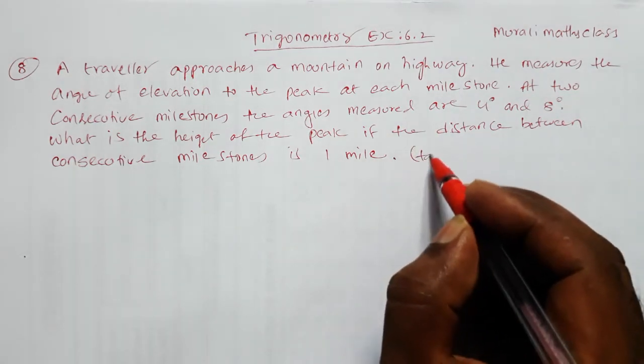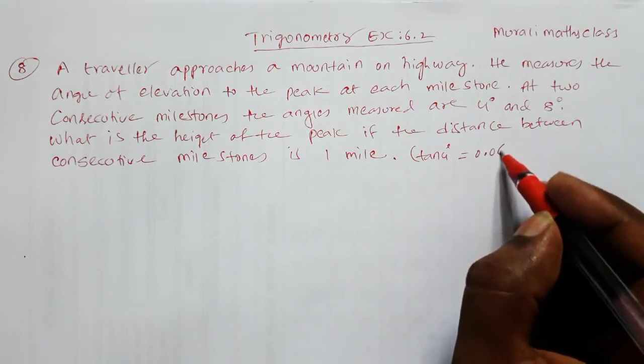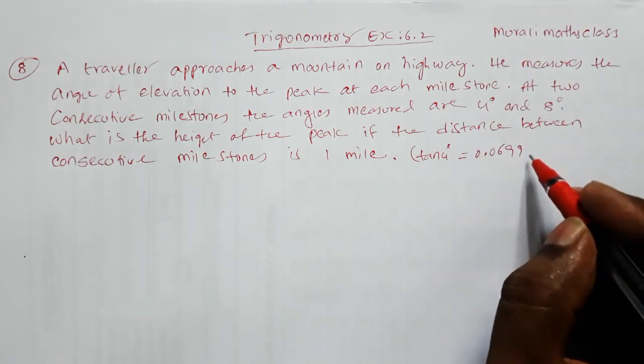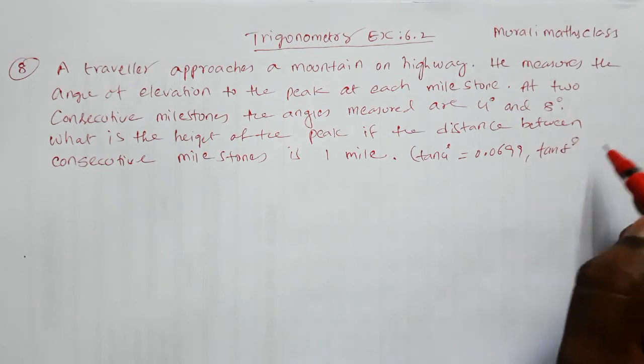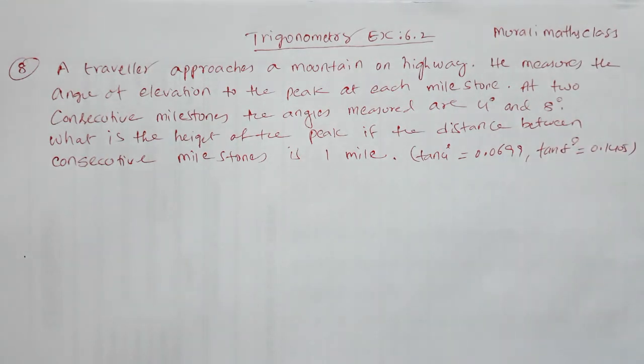And here it is given tan 4 degrees is equal to 0.0699 and tan 8 degrees is equal to 0.1405. So this is the problem.